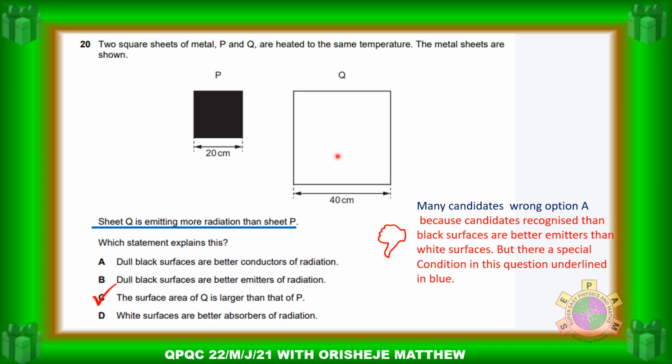The surface area of Q is greater than the surface area of P. There are two factors, the nature of the surface and the wideness of the surface. These are the two things that affect the rate of radiation. All right, let's go to the next question.